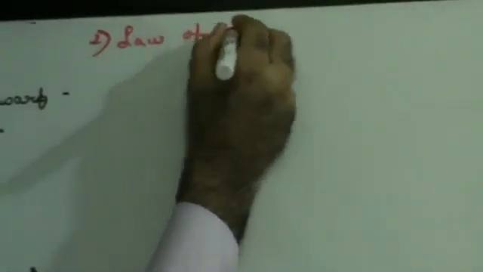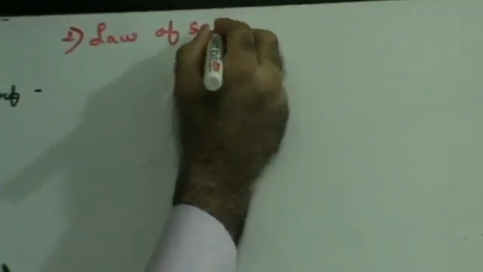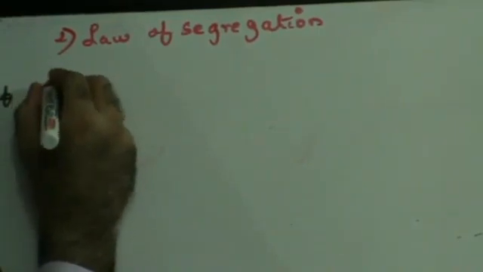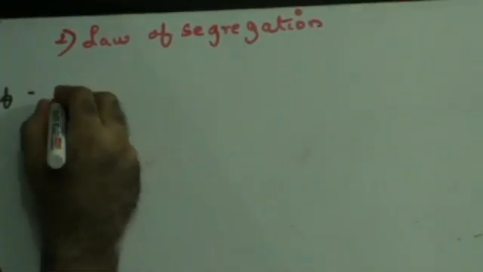Law of segregation. Right? The law of segregation is also called the second law of inheritance. First, let us try to understand this with the help of a diagram. Let's see the phenotype of parents.